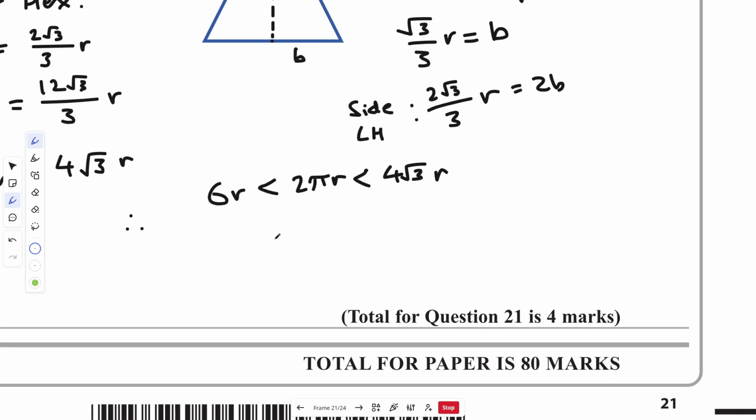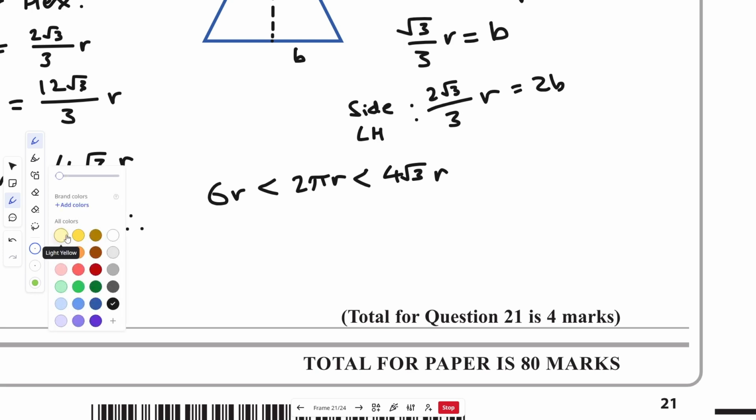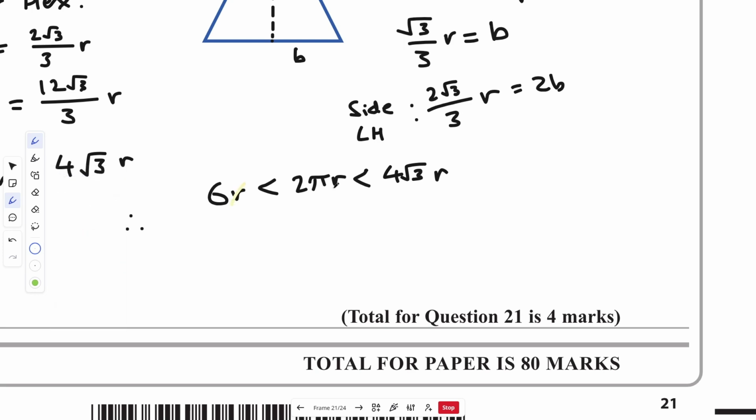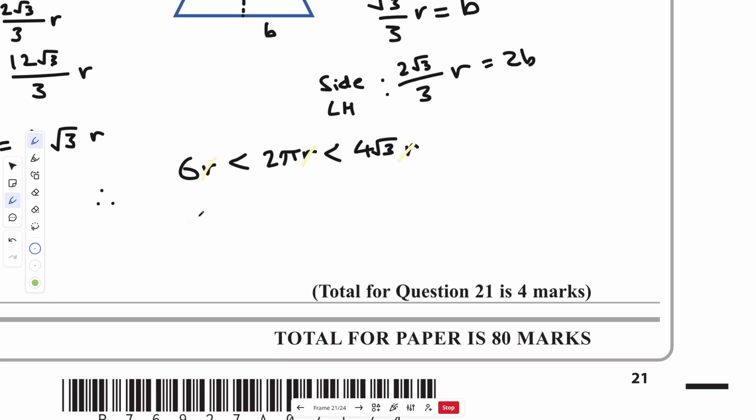Now it's simply a case of simplifying what we have over here down to the desired form. So we can see over here that we have 6r, 2 pi r, and 4 root 3r. Well, what do all of these have in common? They have an r in common. So the first thing we can do is eliminate this r. So let's cancel that. The r gets eliminated, and we're left with 6, 2 pi, and 4 root 3.